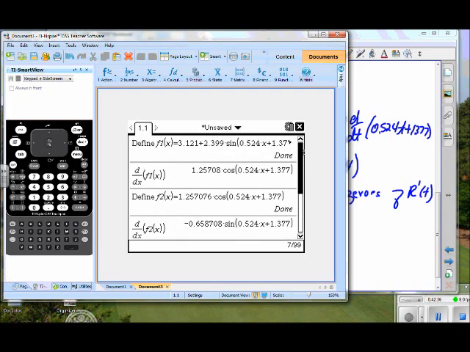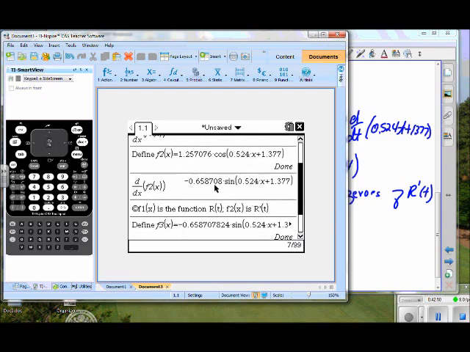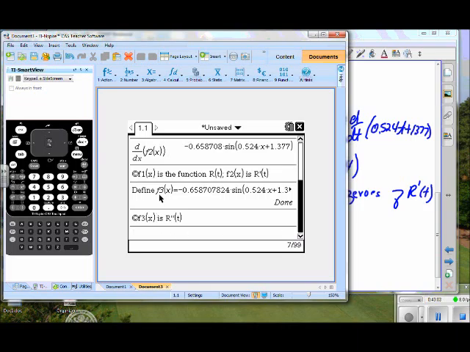What I did was to define f1 of x to be our function, take its derivative, define f2 of x to be that derivative, and then take the derivative of that and define f3 to be the derivative of f2. So f1 of x is the function, f2 of x is the derivative of the function, and f3 of x is the second derivative of the function.